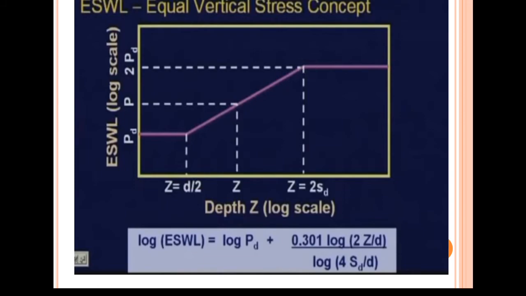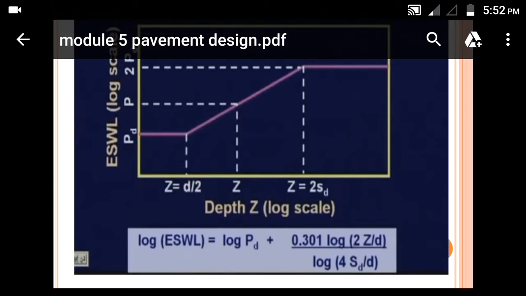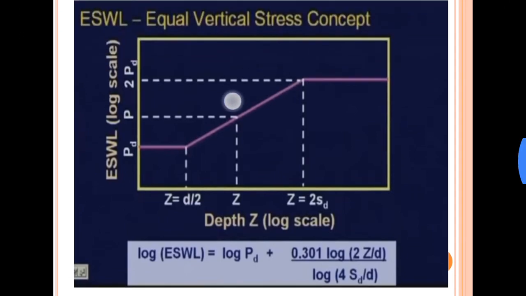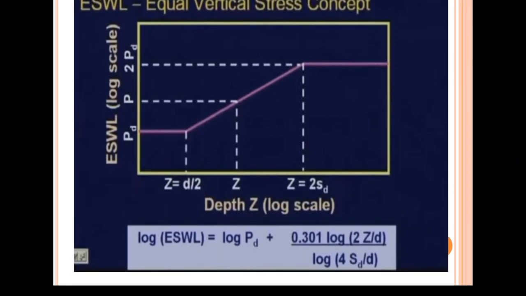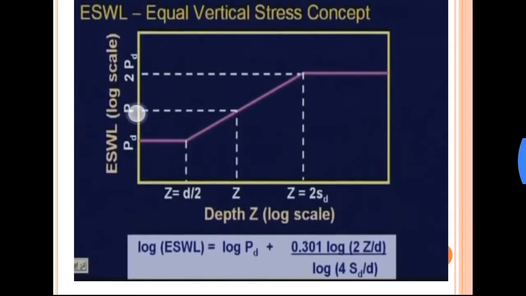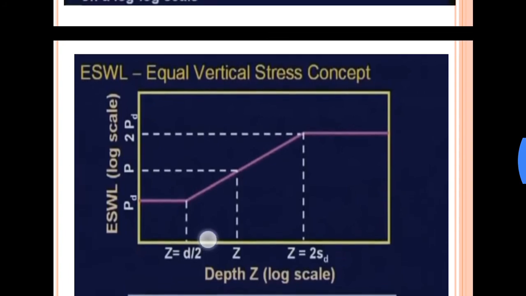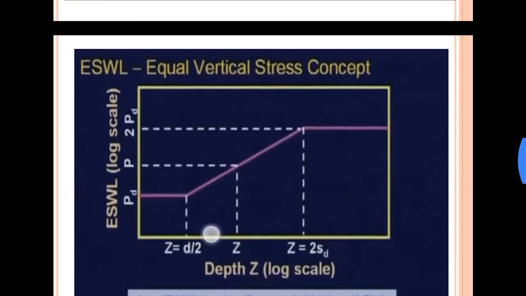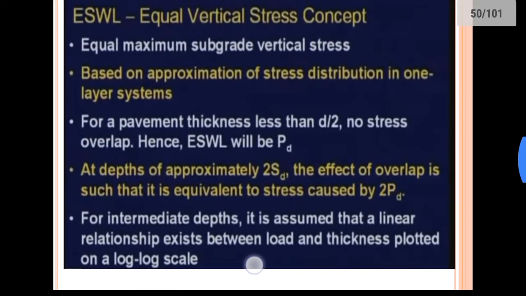When you join this point to this point with a straight line, at any depth in between d by 2 and 2s, we will be able to find out what is the load acting at that depth using this graph. So this is the concept of ESWL.